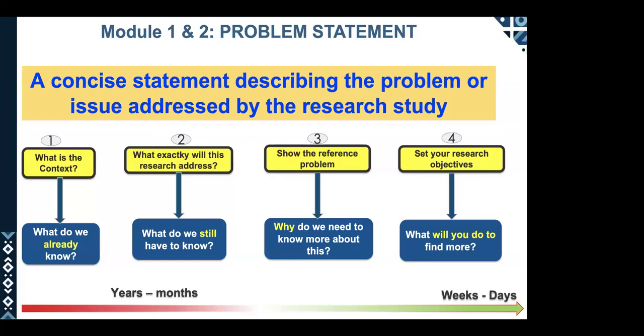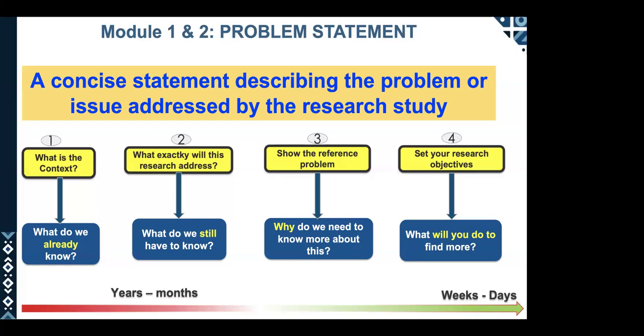The first thing is we have to know the context within which we are acting. Then we have to write a good research question, just as the lecture was given to you last week. What do we still have to know? That's where your research question fits in. And of course, we have to show the reference problem.